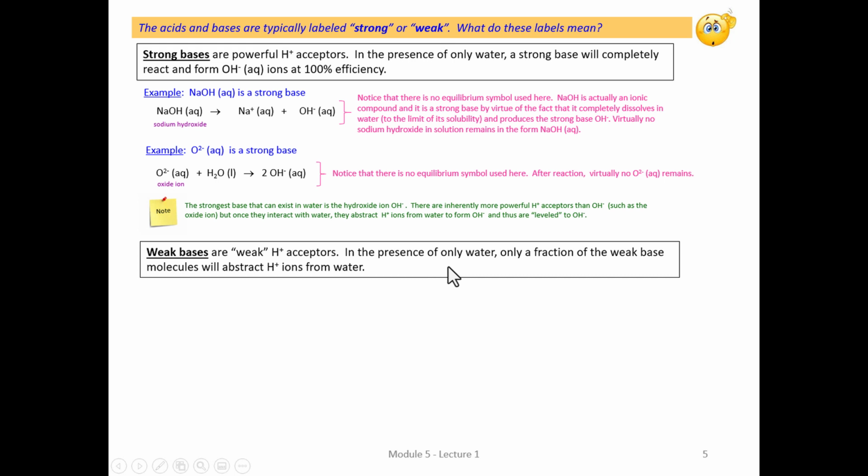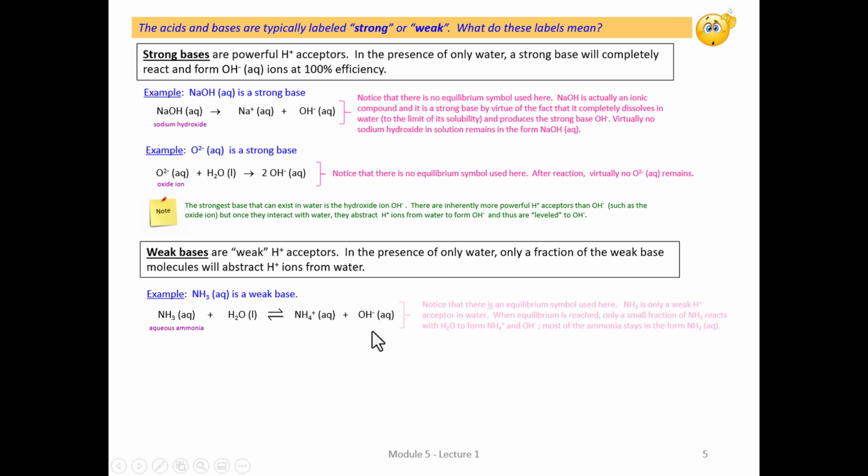In the presence of only water, only a fraction of the weak base molecules will abstract hydrogen ions from the water. An example here is our ammonia, which we said was a weak base. We have ammonia interacting with water to form ammonium ions and hydroxide ions.